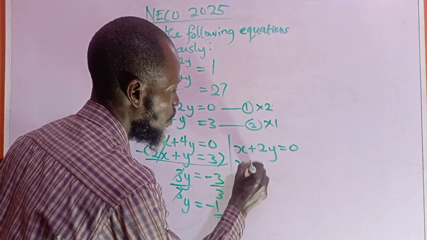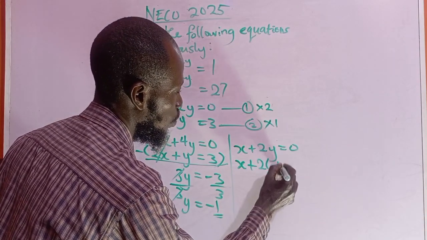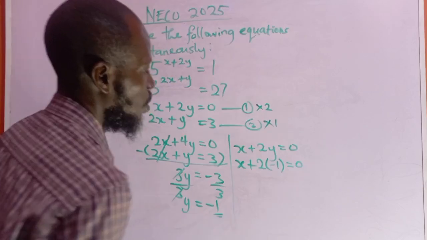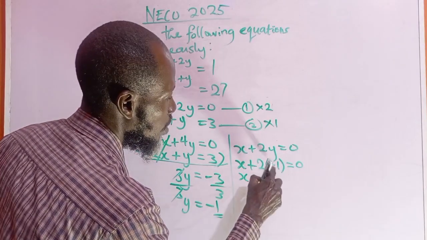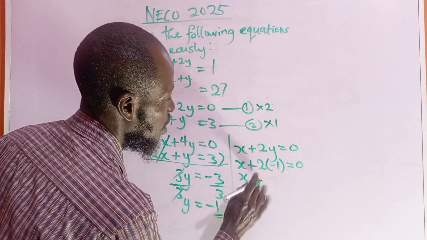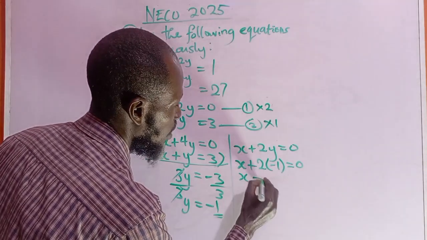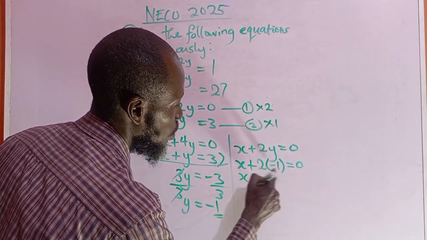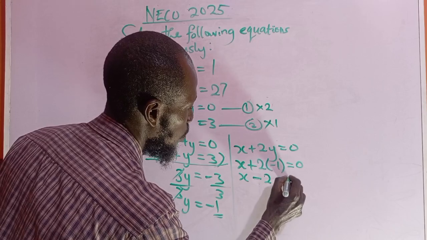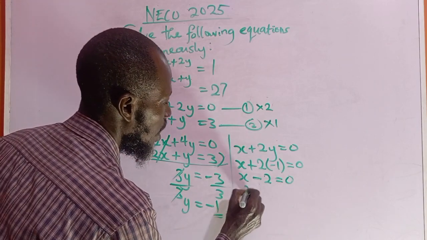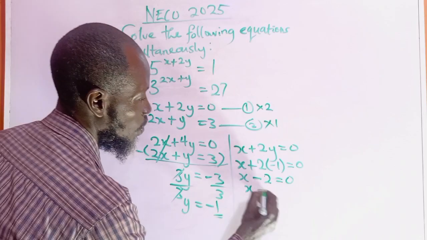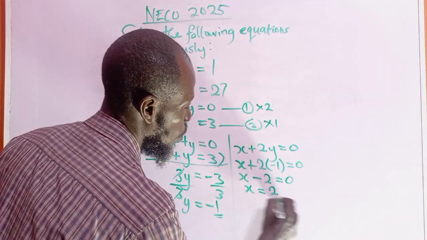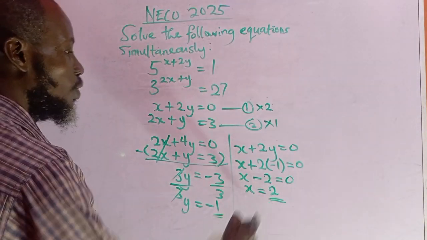So we have x plus 2 into minus 1 equals 0. Plus times minus gives us minus, so 2 times 1 is minus 2, equals 0. Now we can move this minus 2 to the other side. We transpose, and we are going to have 2. So that is the value of x.